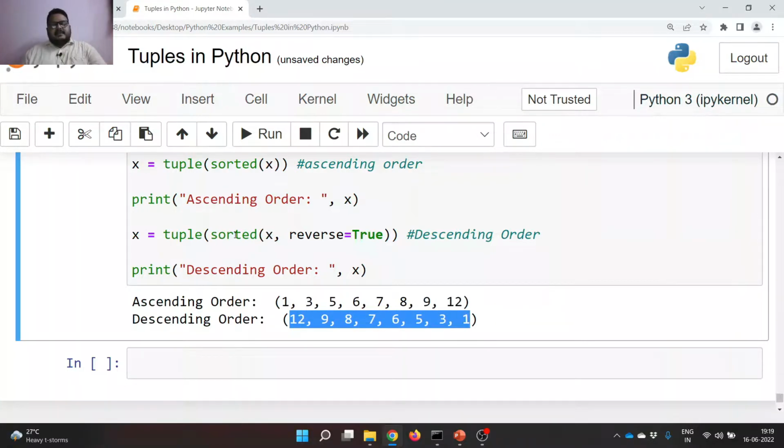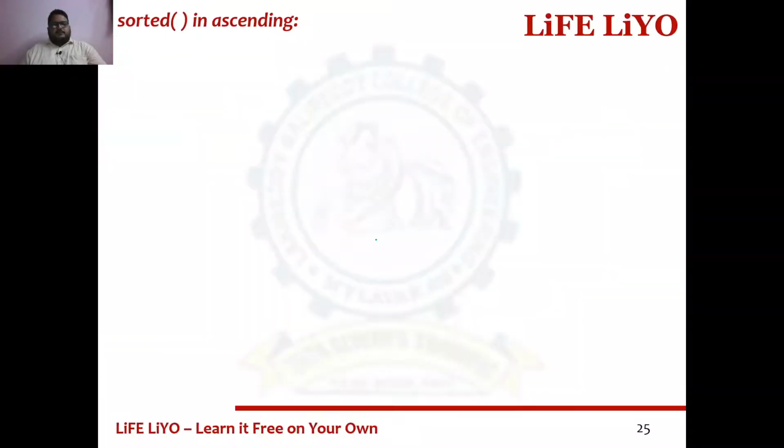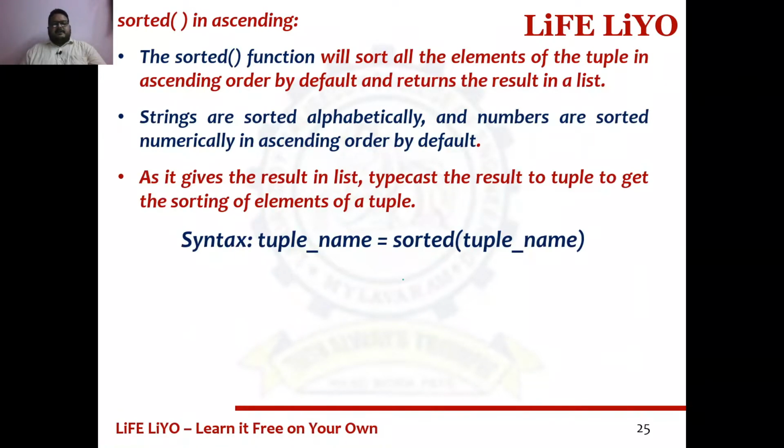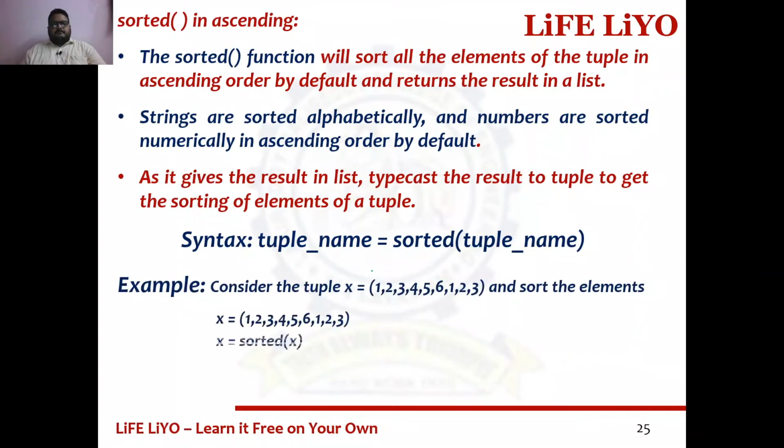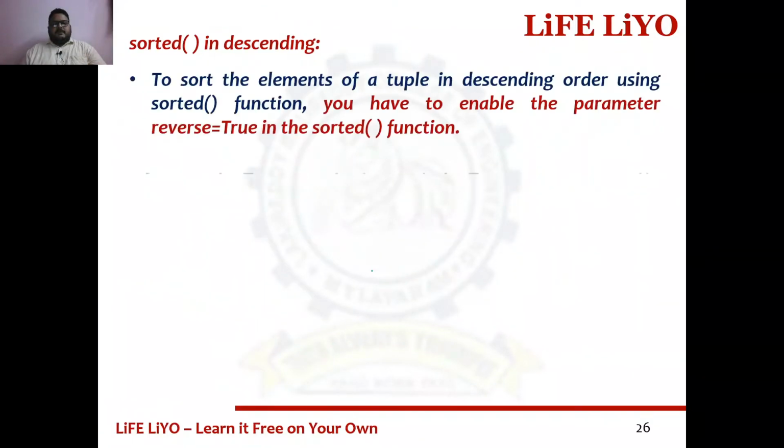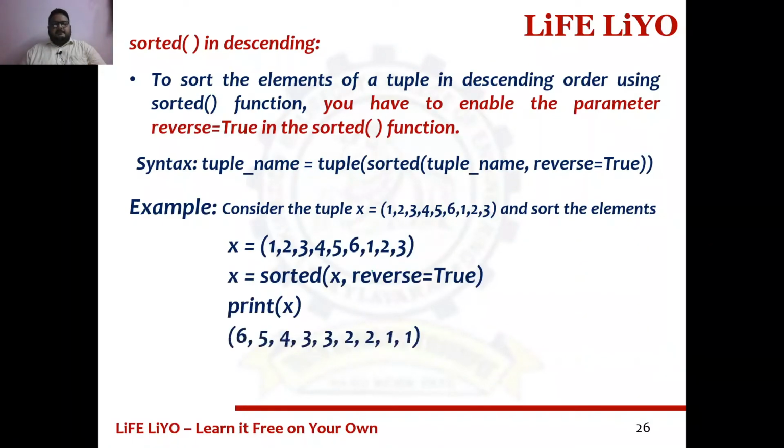So this is the way we can sort the elements of a tuple using the sorted function. The sorted function accepts the tuple name. If you want to perform descending order, we have to pass another parameter called reverse equals True. So this is the sorted, descending order. Just now we have seen.